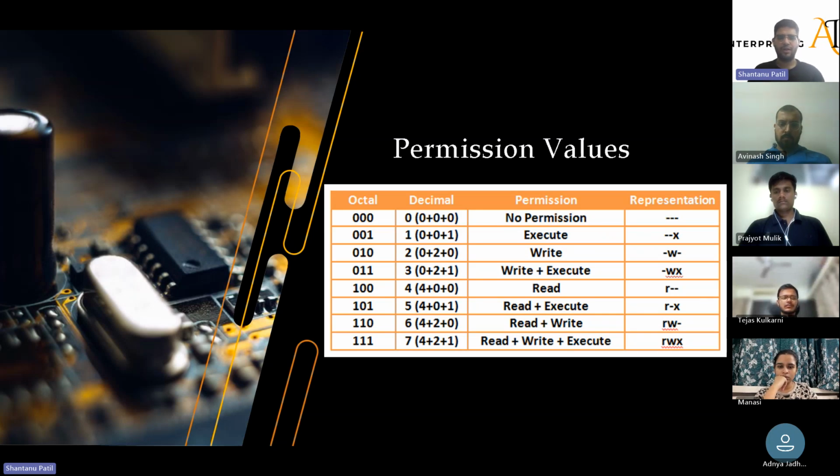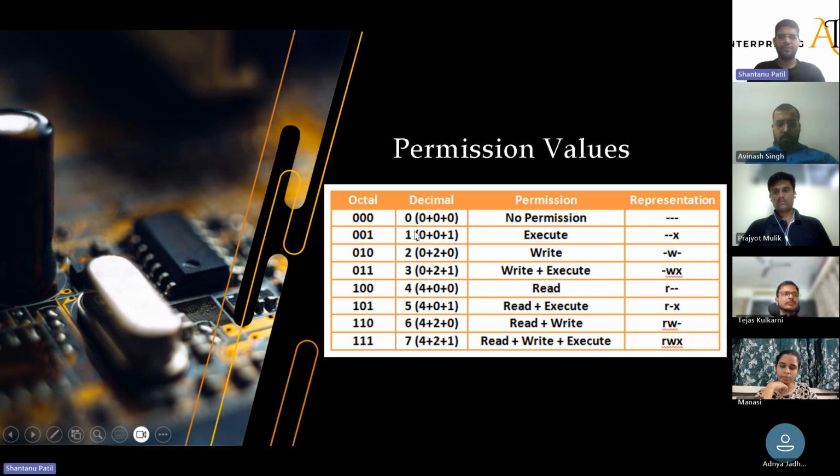Okay. So in the numerical method, I want you guys to remember three important things: the decimal number for read, write, and execute permissions. For read permission, there is the number 4 associated. For write permission, the number 2. And for execute, the number 1.